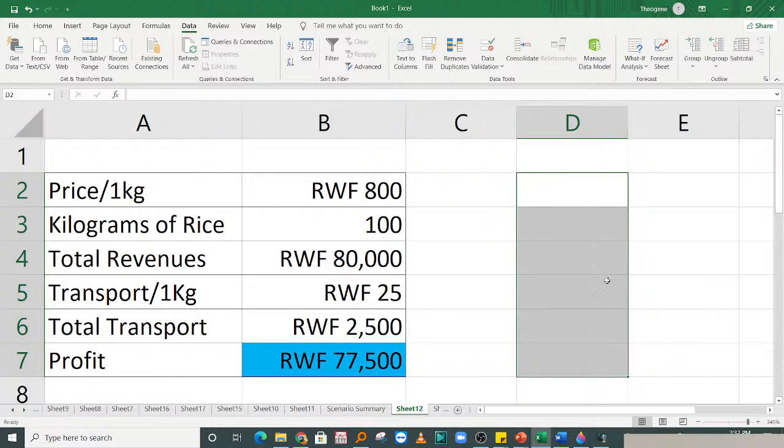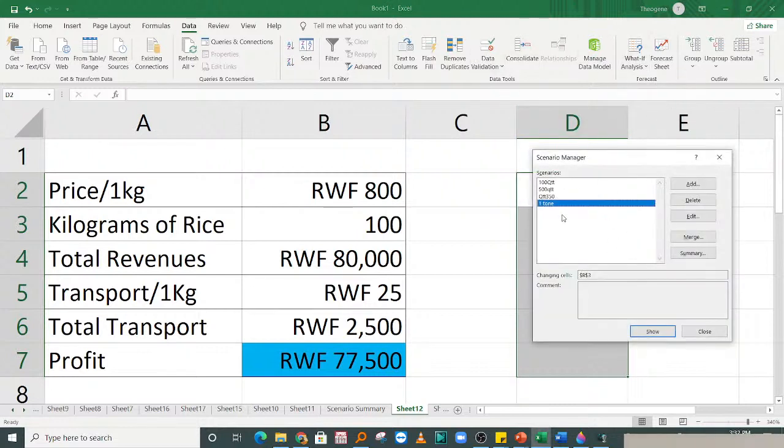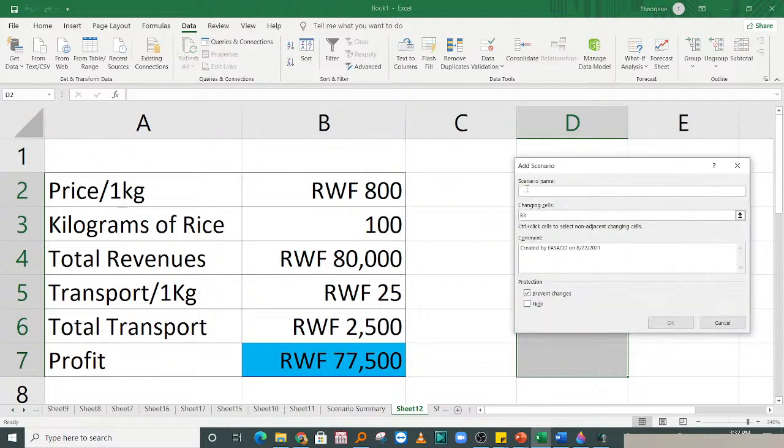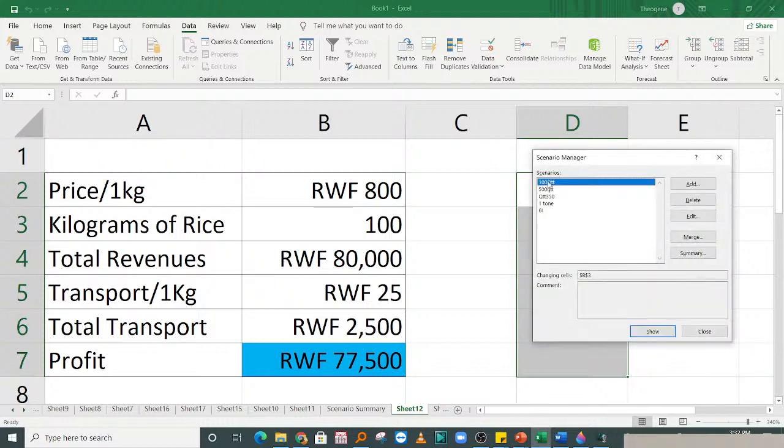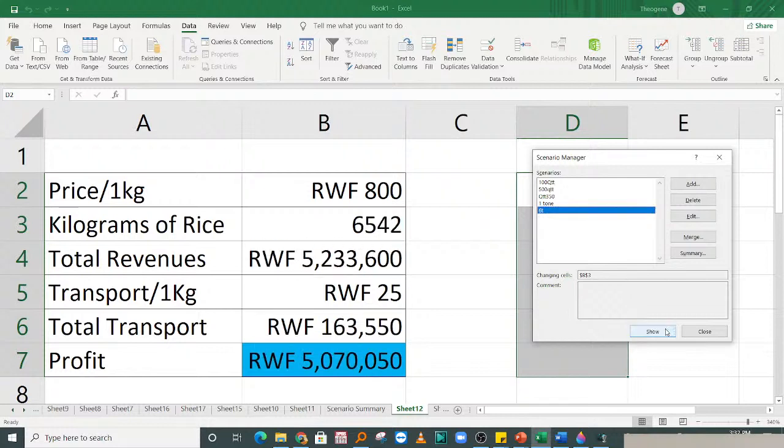If I change, for example, I go to what if function, go to scenarios, then I add a scenario of, let me say for example, 6 ton, and it is 6542 kilograms. What would be, they say okay, more than 5 million and so on. That's scenario manager, guys. That's what we call what if function. What if I change this, what would be that?